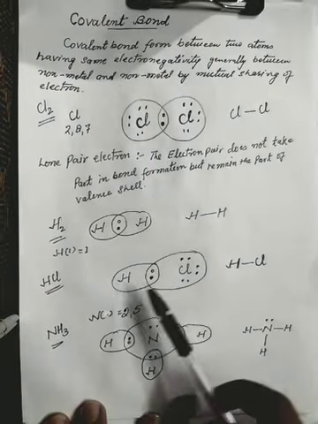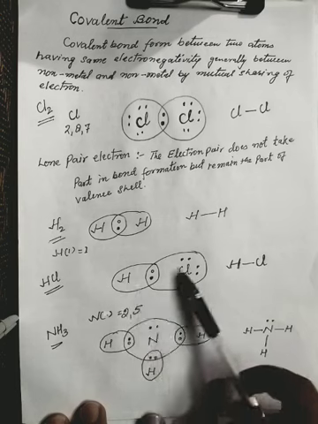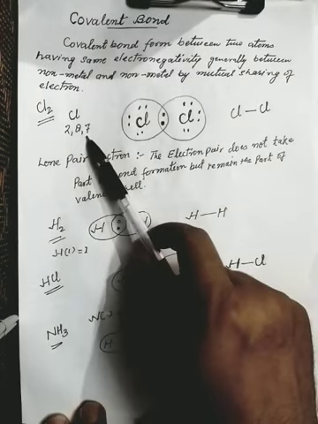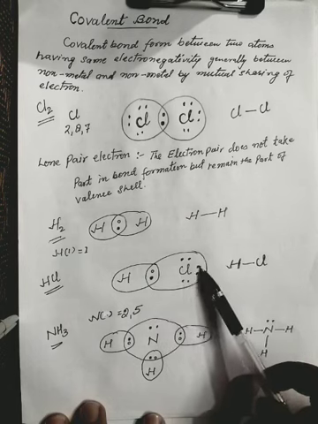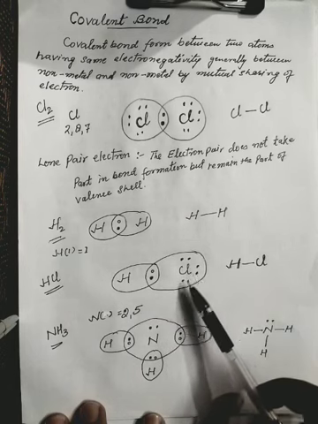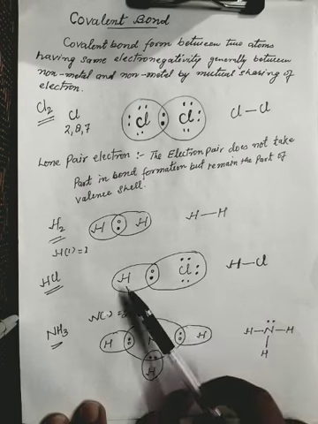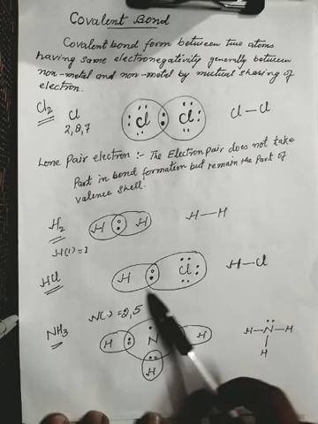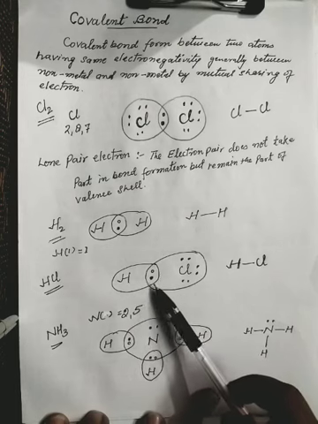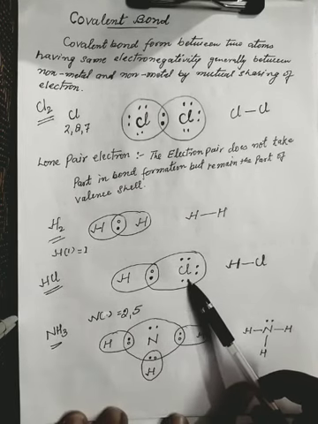So both atoms will place 1 electron at the center. Chlorine has 7 electrons, it will place 1 electron at the center and 6 electrons are left here. We write them in pairs, and they are called lone pair electrons. This hydrogen will also place 1 electron at the center, and by mutual sharing, hydrogen completes its duplet and chlorine completes its octet.